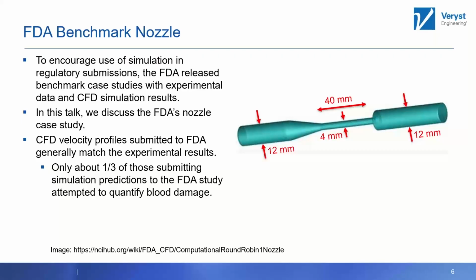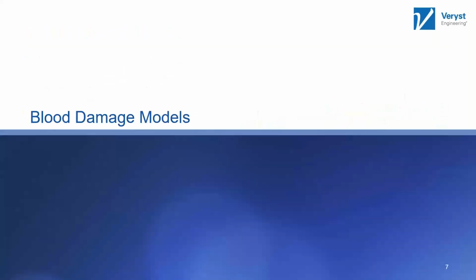CFD velocity profiles that were submitted to FDA generally match the experimental data, but among those submissions, only one third tried to quantify blood damage. Okay, now with this background, let me go to the blood damage models that are used in CFD analysis.